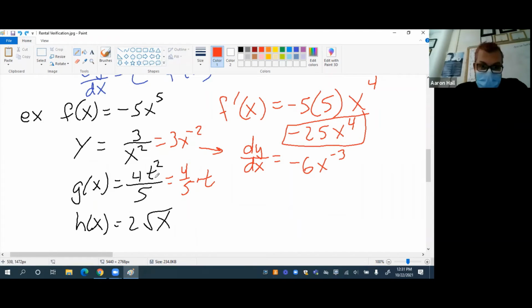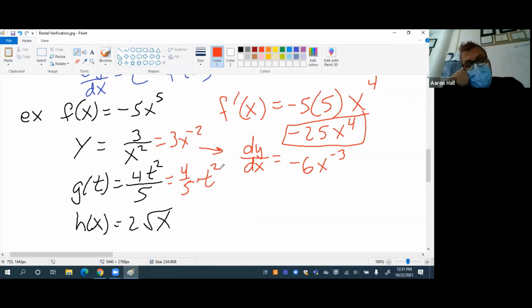I can either change the t or I can change the x. I'm going to change the x to a t. So I'm going to take the derivative with respect to t. So we have our constant is 4/5 times t squared.